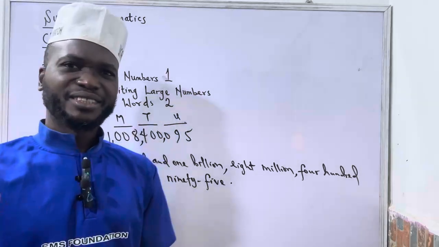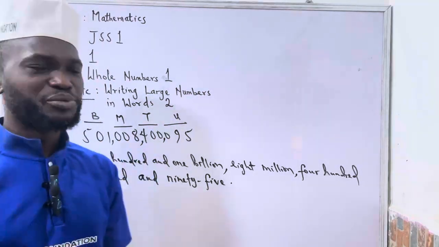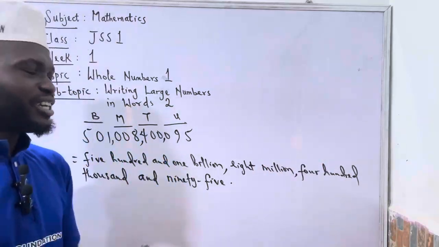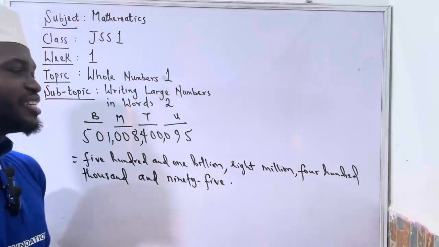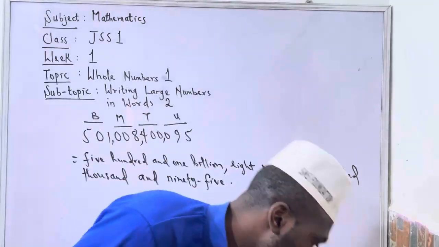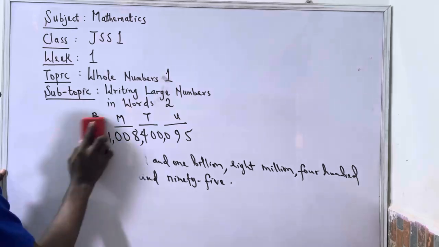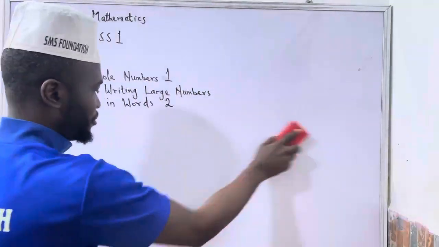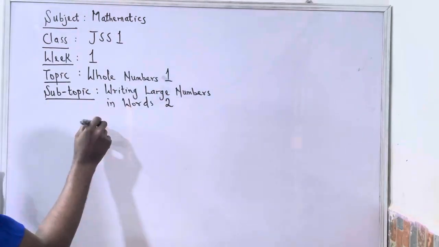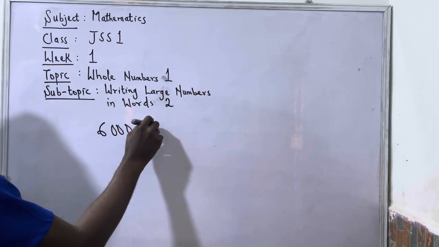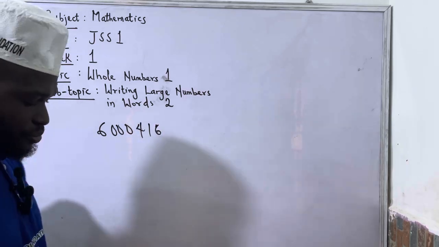Now, let me do one last example that will teach you, if a complete family has only zeros, how do we pronounce such numbers? Let's see that. Look at this.